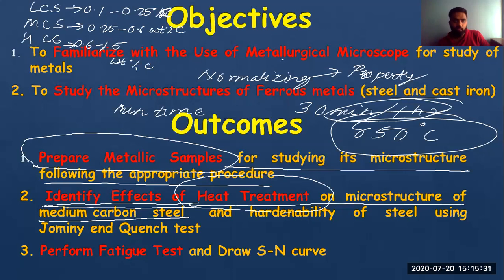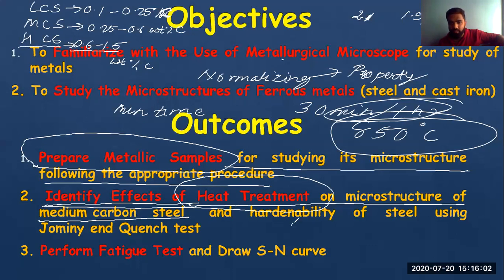Actually, the carbon content in steel can go up to 2.1%, but we never consider a system having more than 1.5% carbon to be part of these. So in steel you can have up to 2.1%, but if it is limited up to 1.5%, that kind of steel is called high carbon steel.